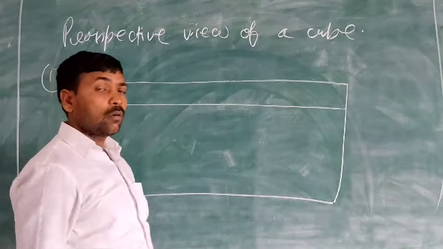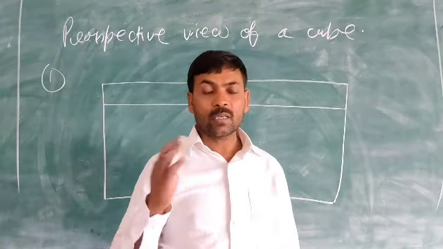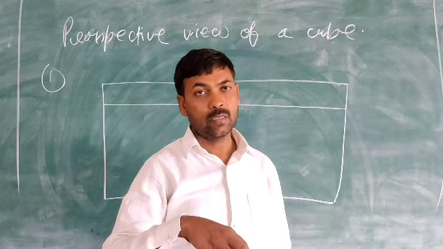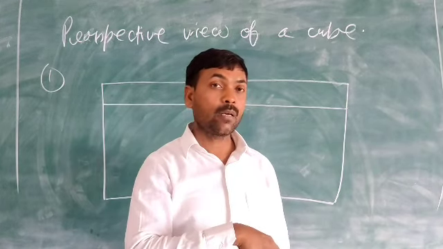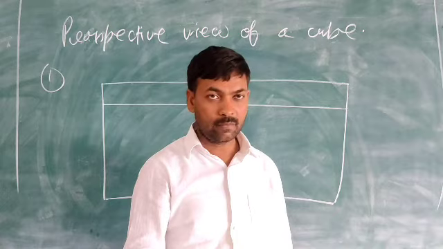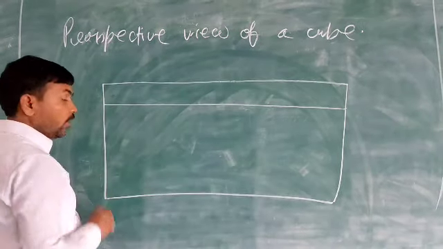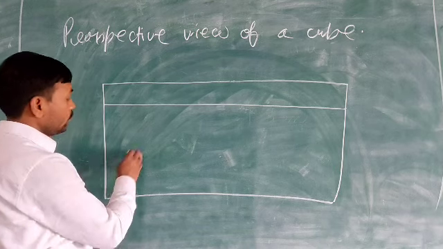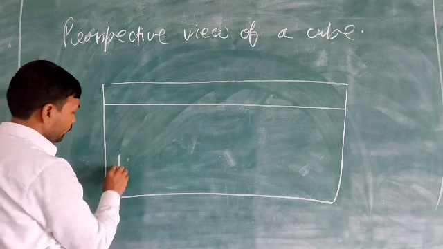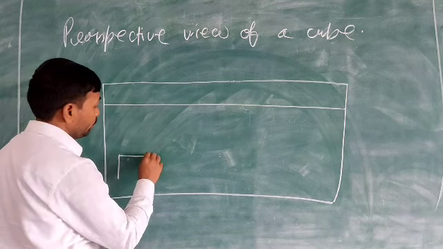And since a cube is a combination of plane figures, what are the figures? They are squares. So first draw one face, a square, here in the corner, and name it.